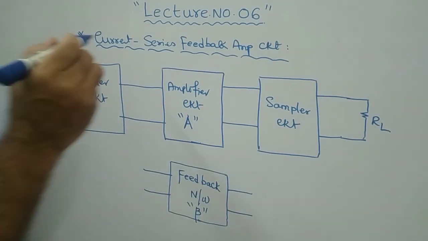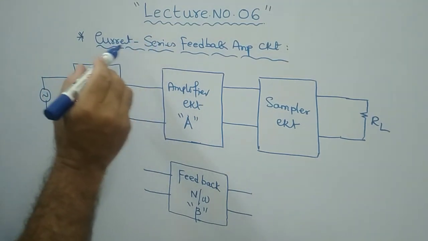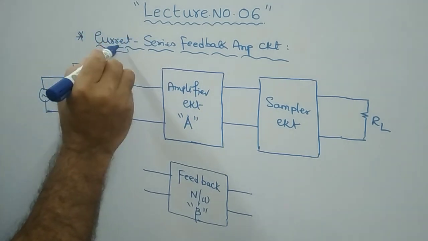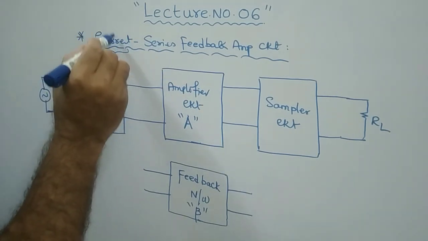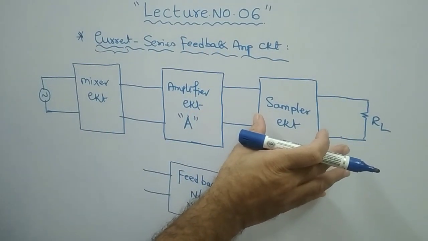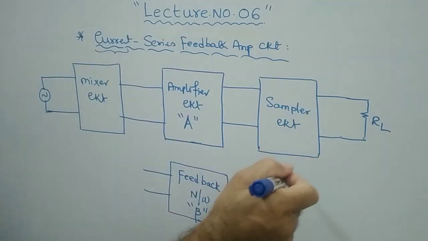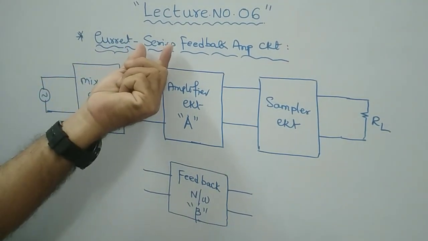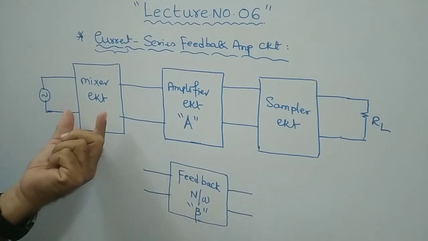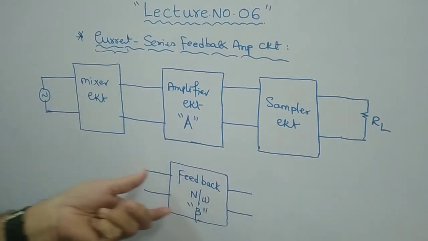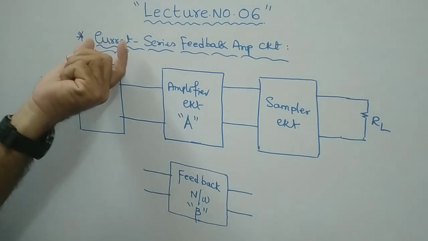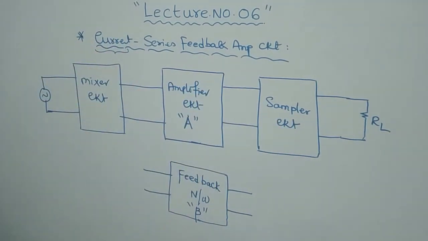In current series, the first word, current, indicates the output quantity, and how this output quantity is fed back to the mixer is called series. So the word series corresponds to the input side, that is, the mixer: how the output parameter is fed back to the mixer, whether series or parallel. Whereas current corresponds to the output, with respect to the sampler.